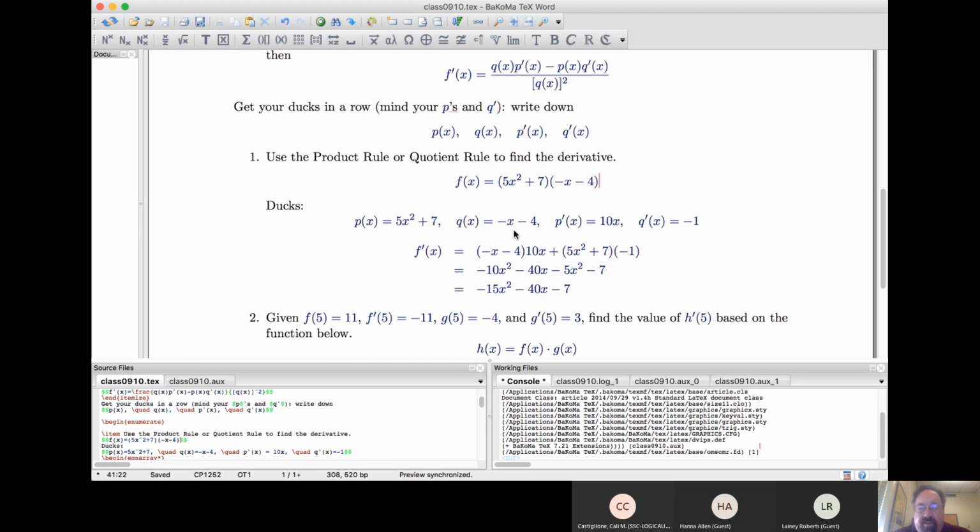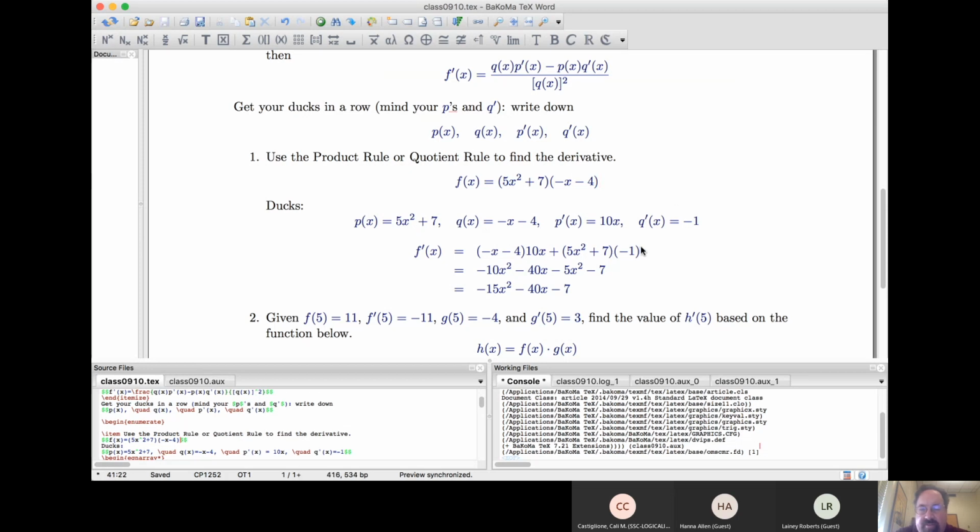Then we just put those together. If you write them out this way, p, q, p prime, q prime, following my convention for laying out this information, then for the derivative I take the two terms in the middle, q and p prime, multiply those, plus the outer pieces, so 5x squared plus 7, times minus 1.